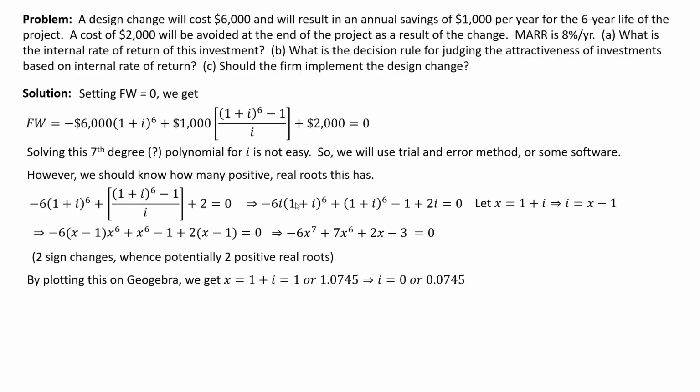Really? But then we cannot take i equals 0 as a possible solution, because when we solved this, we said we won't let i equal 0. That's a promise we made. So even though this looks like a solution, i equals 0 is actually not a solution. Cool. And so the only valid solution is 0.0745. So IRR is 7.45%.